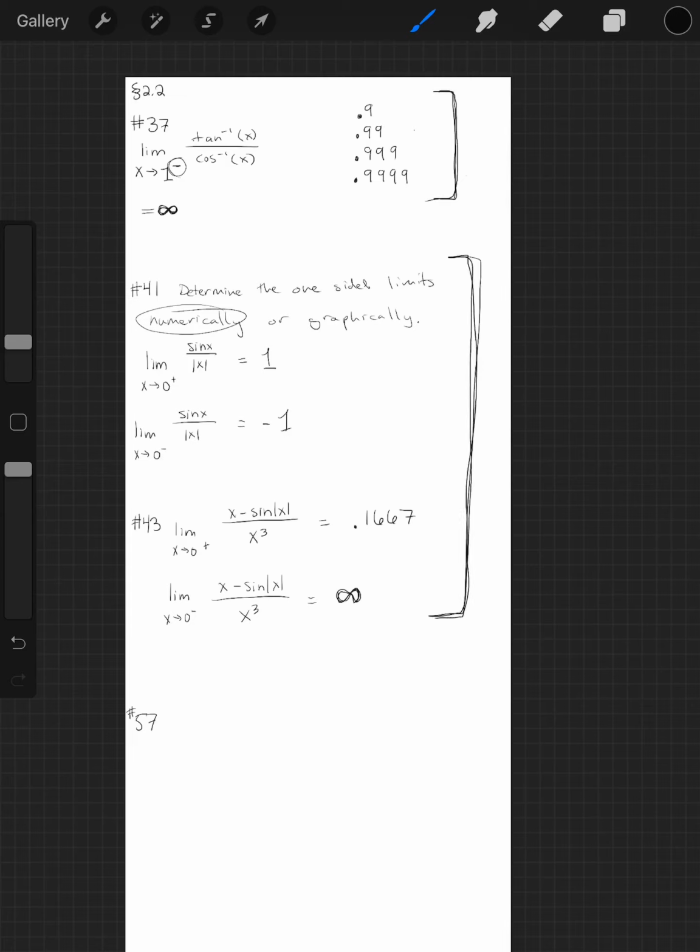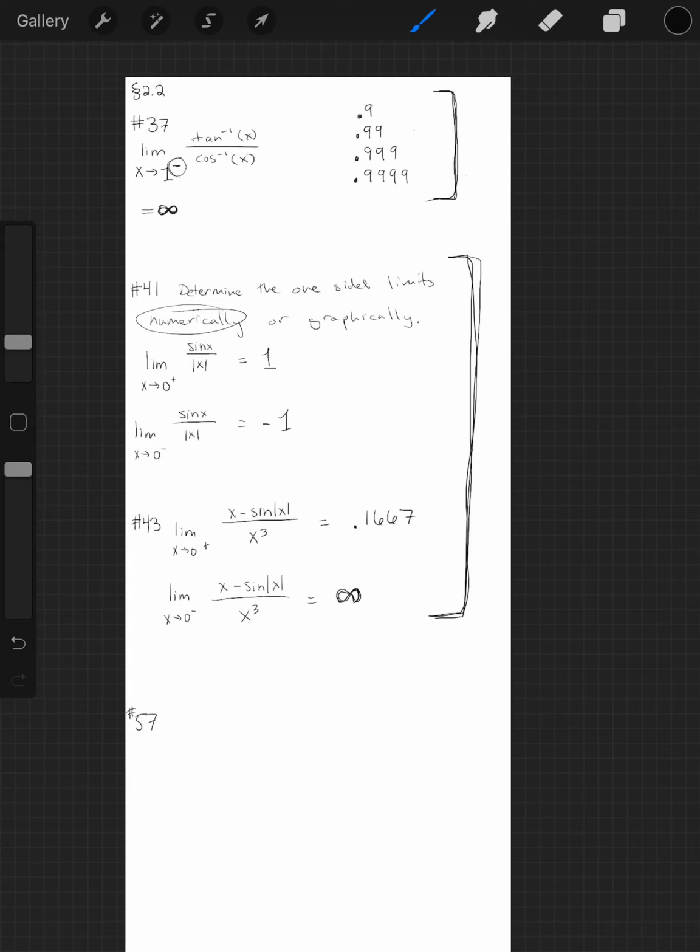These two said we could do it numerically or graphically, and what I would do in either situation, if I were trying to estimate it, is do both and make sure they said the same thing.